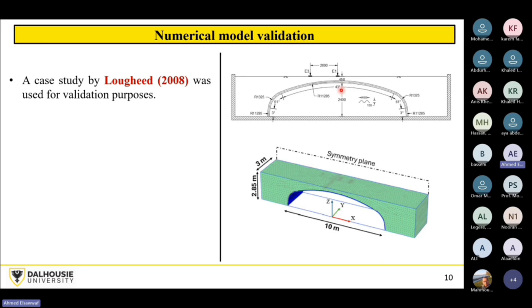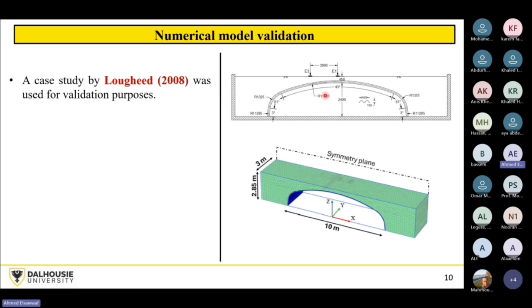The rise of our structure is 2.4 meters. The soil cover was 45 centimeters. And we have a live load here. I am simulating the E1 test, so we have a point load. You have all required dimensions here; they are given.